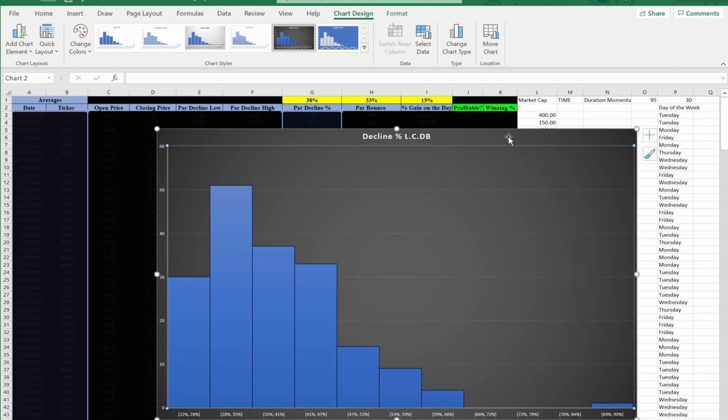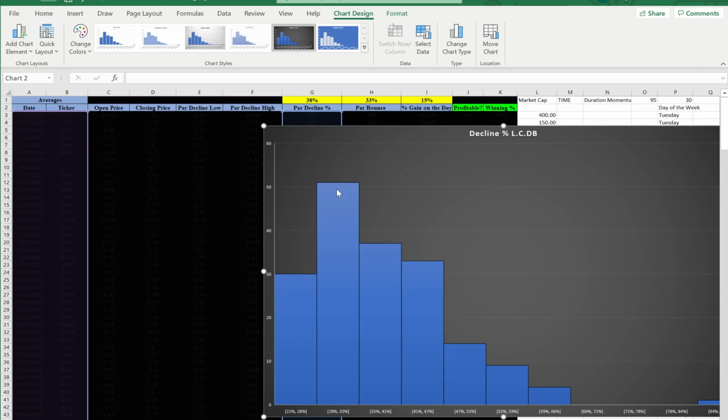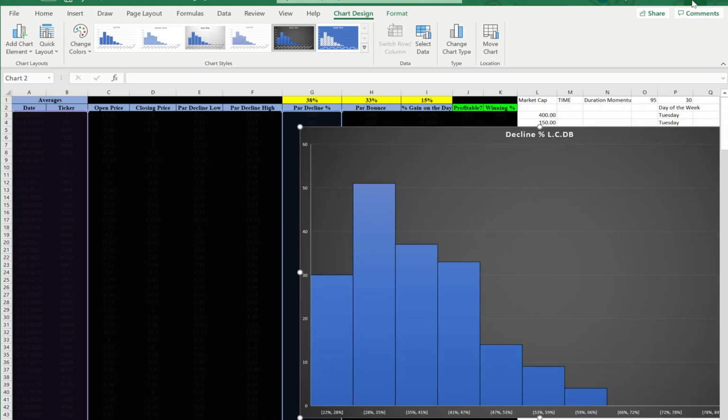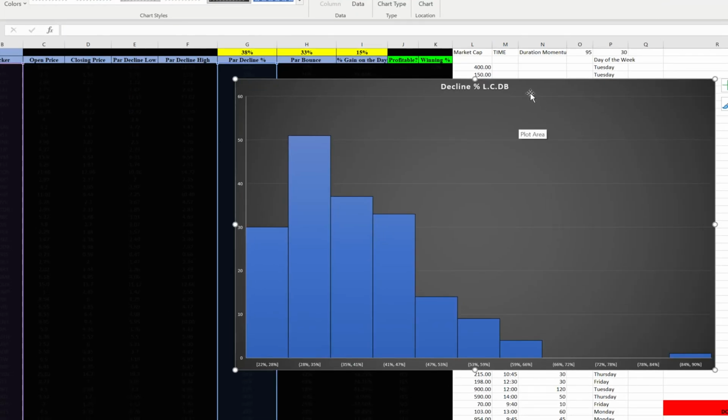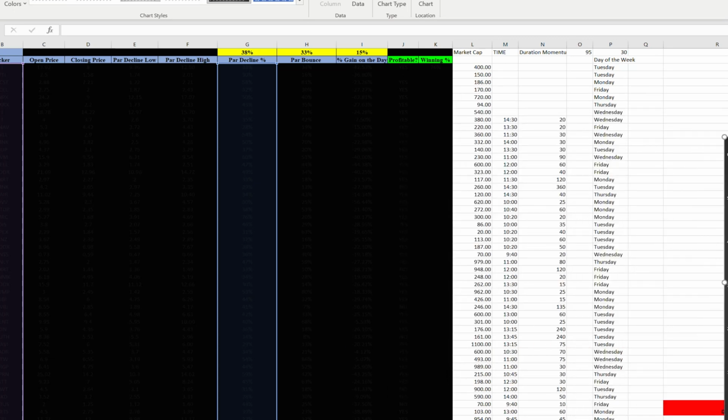Now we can actually go much deeper. We now know the average decline percentage and how often this happens, just by observing these bars right here. That's the most important thing. Now let me do this. I'm going to drag it to the side, and we're going to do another thing here.